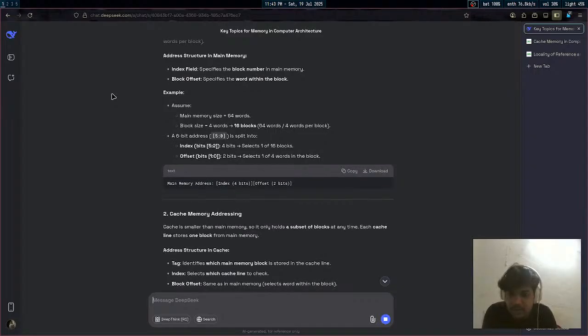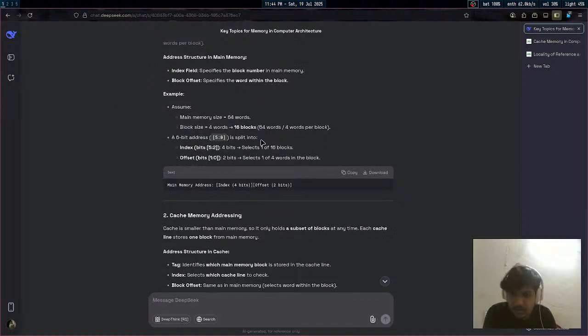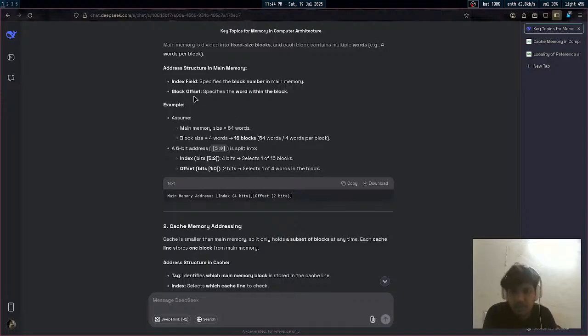6-bit address is split into 4, index. And what is this? 5 is the index field and block offset.